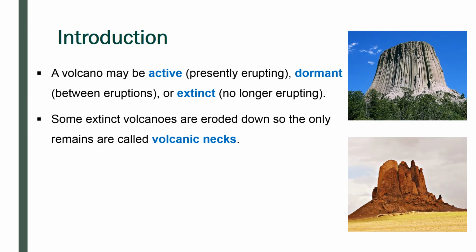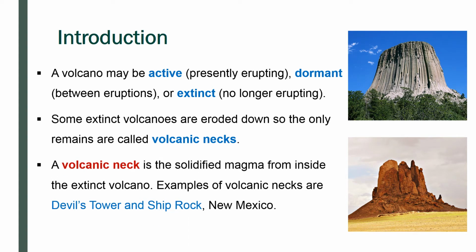As you can see from those two figures, these are volcano necks. And the volcano neck is a solidified magma from inside the volcano. Good examples of the volcano necks are Devil Tower and Shiprock in New Mexico.